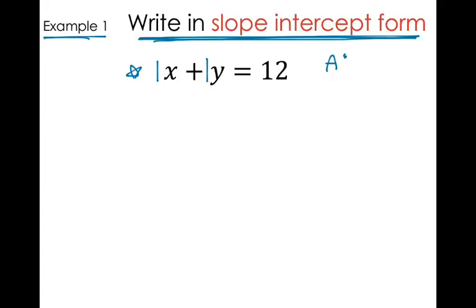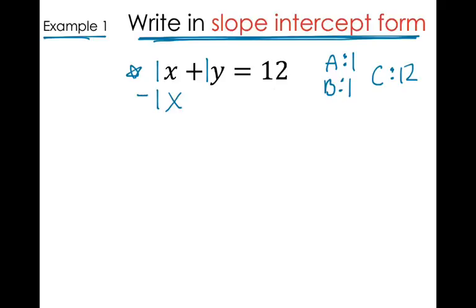So in this case, my a is 1, my b is 1, and my c is 12. The only reason I'm writing that down is just for notation purposes, to remind you that there's an a, b, and c, and what they each are. Okay, so our step number 1 is to add or subtract the term being added to the y, and that's my 1x.